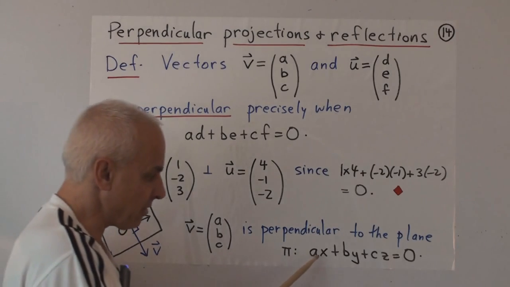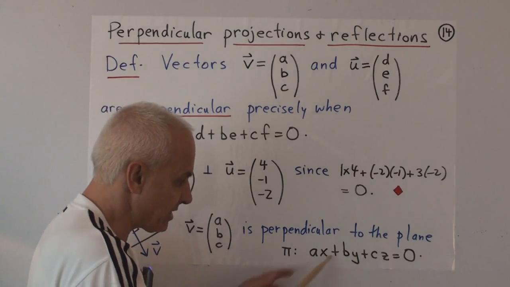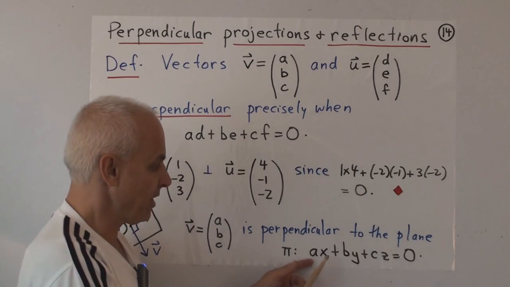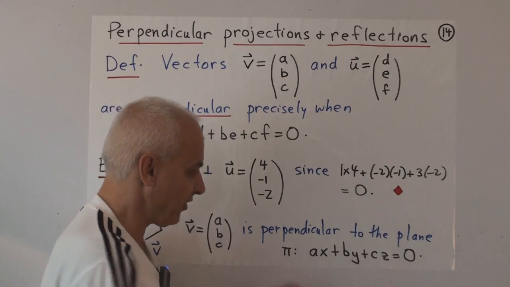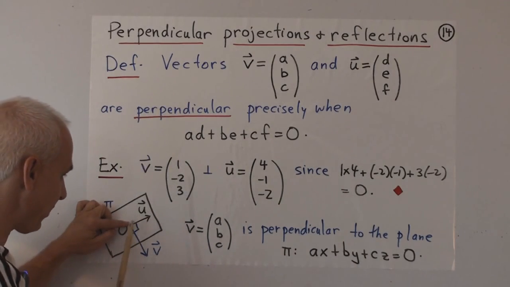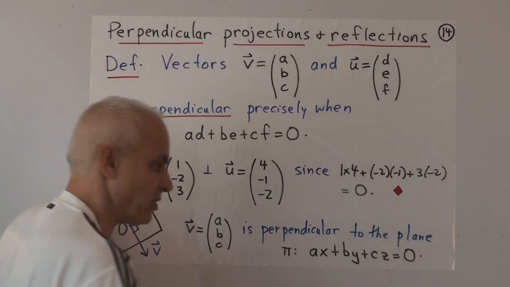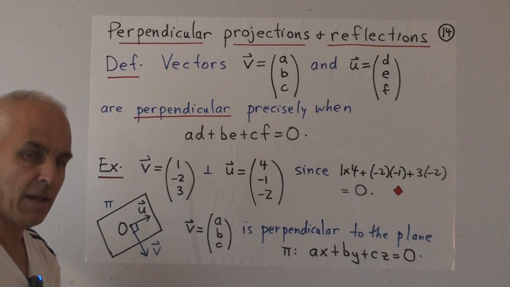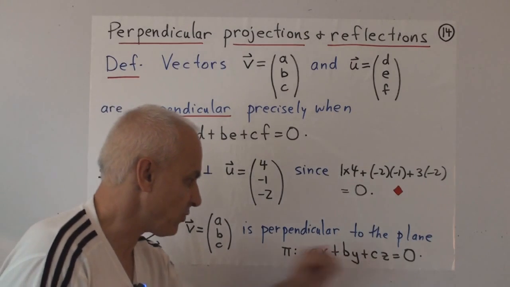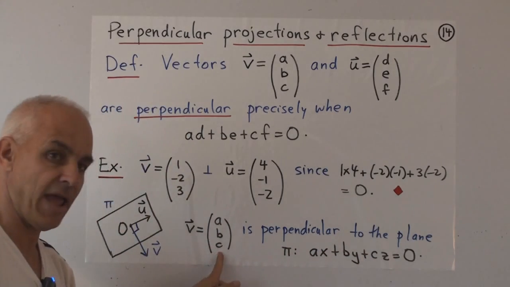So every vector lying in the plane, x, y, z, satisfies an equation like this, if this is the equation for the plane. So if the plane is ax plus by plus cz equals 0, it means that every vector x, y, z in that plane satisfies this equation. But that's exactly saying that the vector x, y, z is perpendicular to a, b, c.